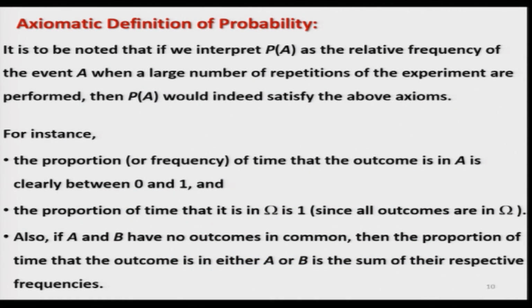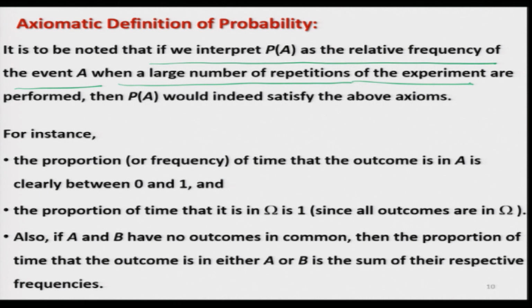We need to note here that if we interpret P(A) as the relative frequency of the event A, when n, the total number of repetitions in that experiment, becomes large, then P(A) would indeed satisfy these three axioms, axiom 1, axiom 2 and axiom 3.